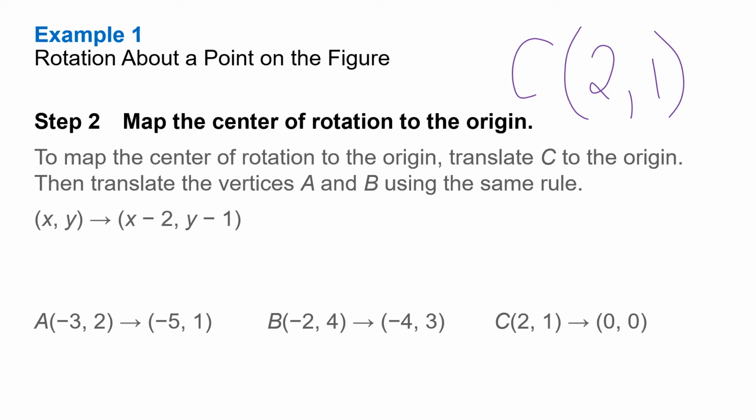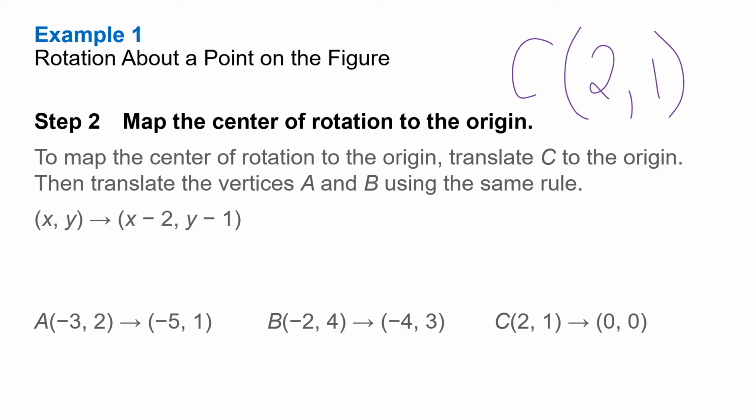So we are going to apply this translation rule to point A and point B. When we do that, we take -3 and subtract 2 to get -5. We take 2 and subtract 1 to get 1. So A is now located at -5, 1.